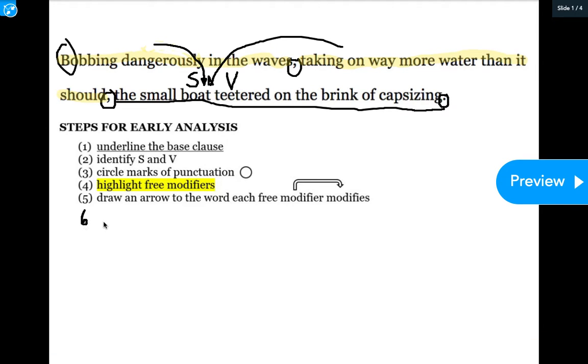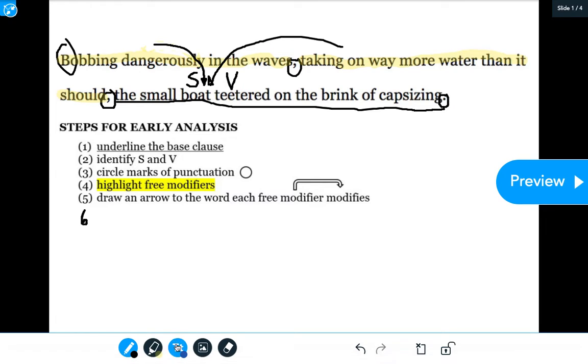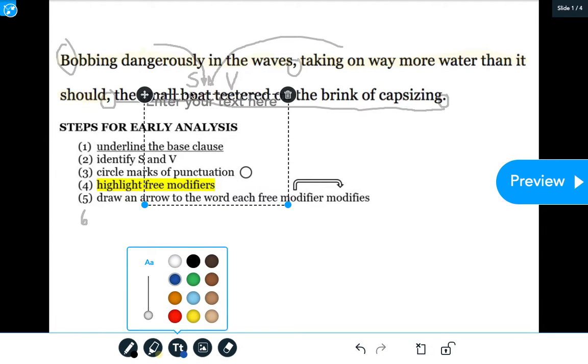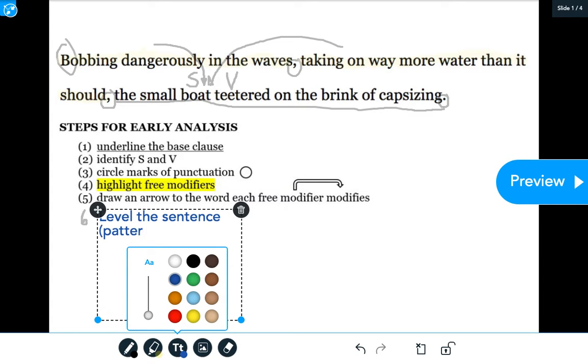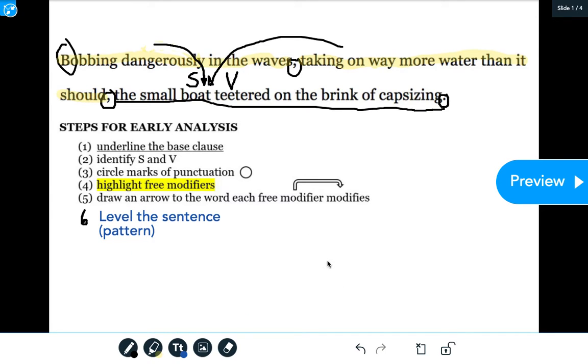But if we add this sixth step, it is this idea of what's known as leveling a sentence. So if we're going to continue to analyze these sentences, what we're asking you to do is to think about, well, what's the pattern of the sentence? Essentially, we're saying let's do what's called leveling it. And leveling it is this idea of kind of assigning a number to it.